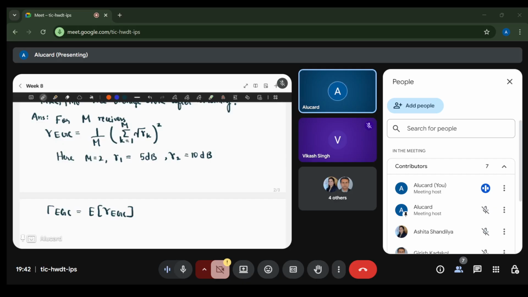So E of xy for two uncorrelated random variables x and y is E of x times E of y. I can use that here. Try to solve it yourself. I'll be back in a few minutes.